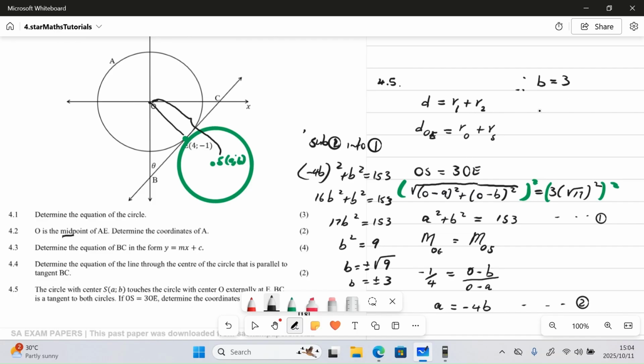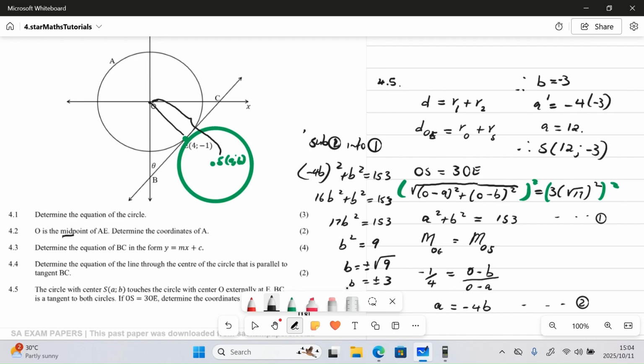We go and look for the value of a: where we see b, we put negative 3. Then the value of a is positive 12. The question says write the coordinates of S. That is (12, minus 3).